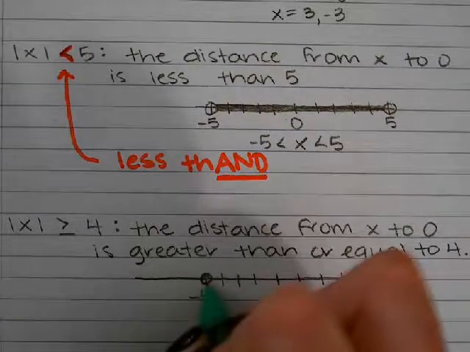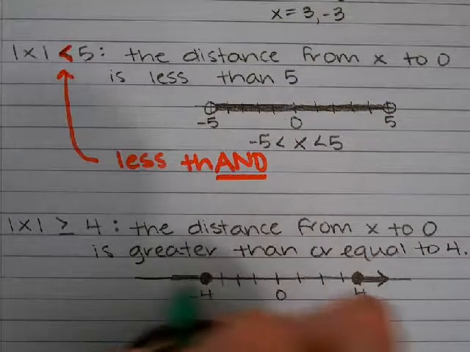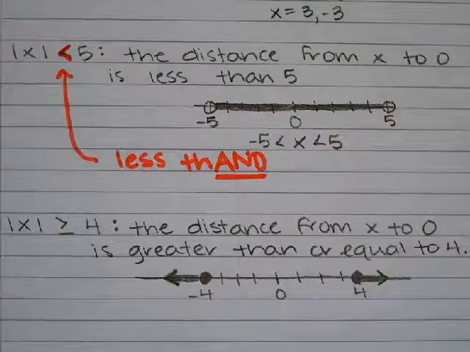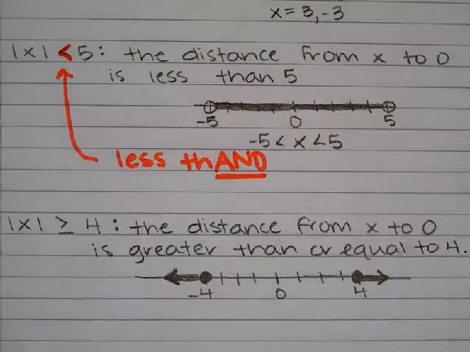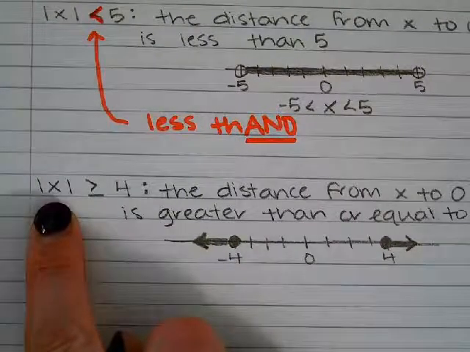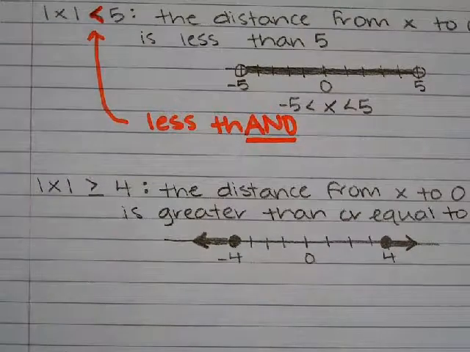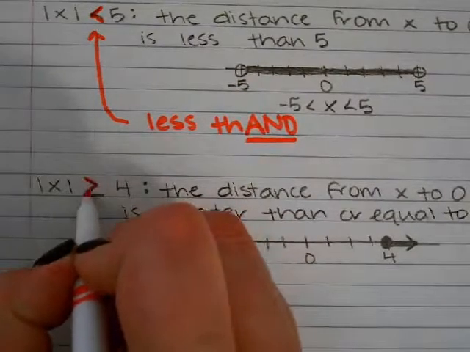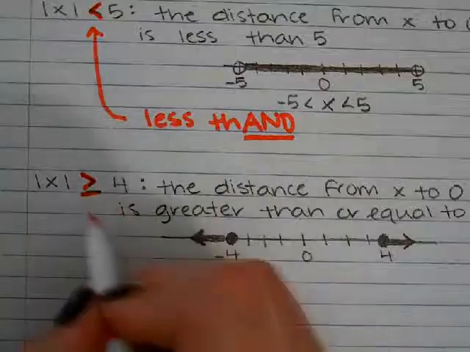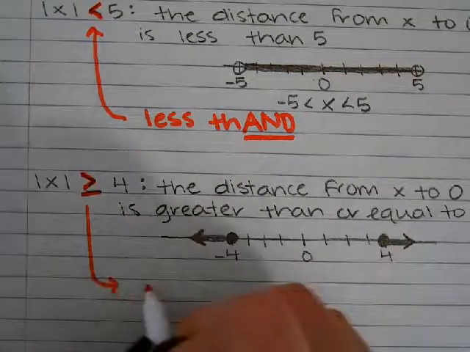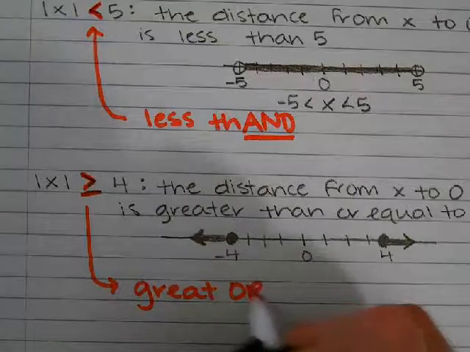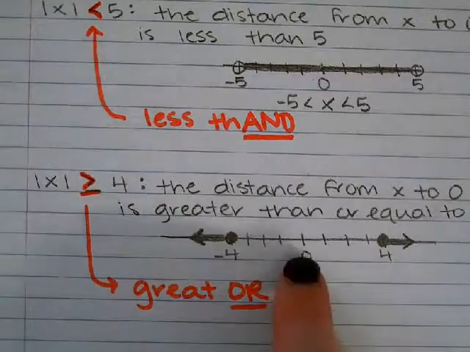Okay. So if the inequality is solved for, or if the absolute value sign is alone, and the number's over here, and we end up with a greater than sign, then your inequality goes one direction or the other.